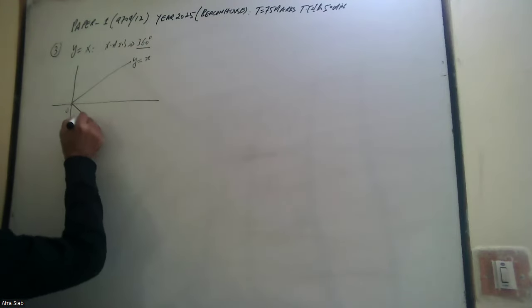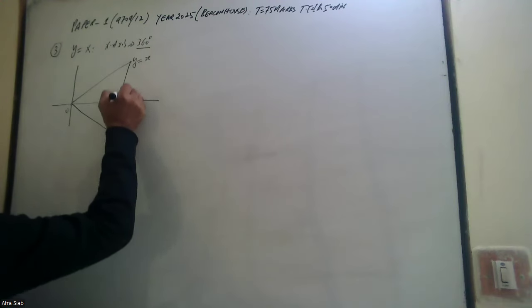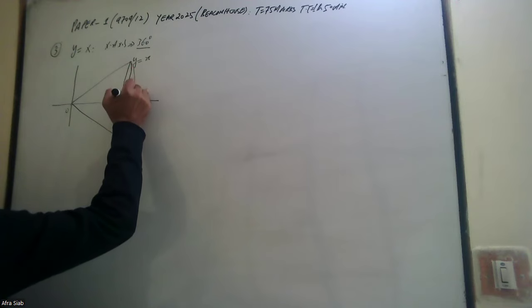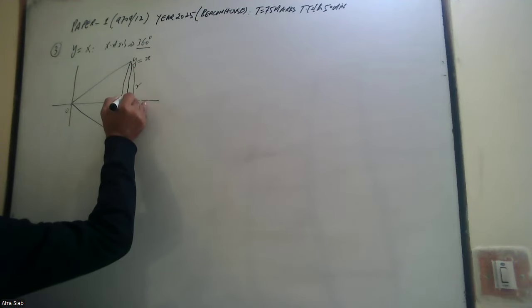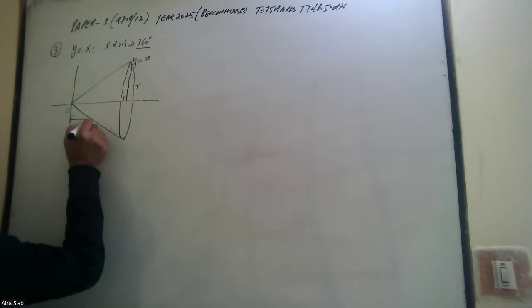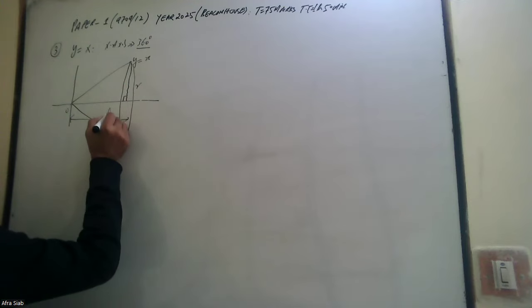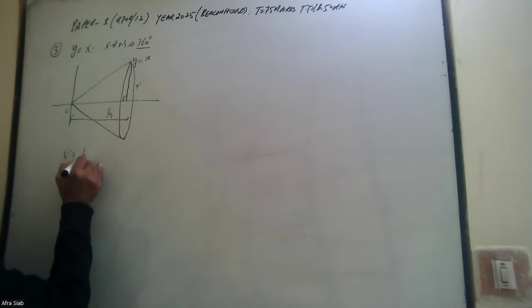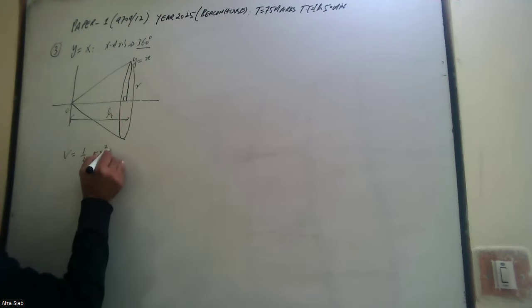This will be the formation of that, which is going to be like this, where this is the radius r and this is the height h. And we have to show that the volume of this is 1 over 3 pi r square h.